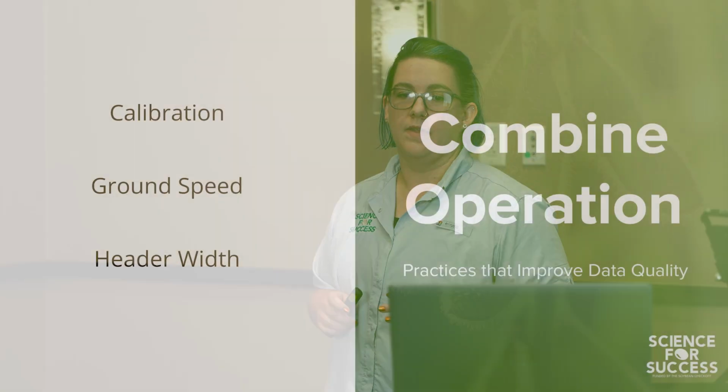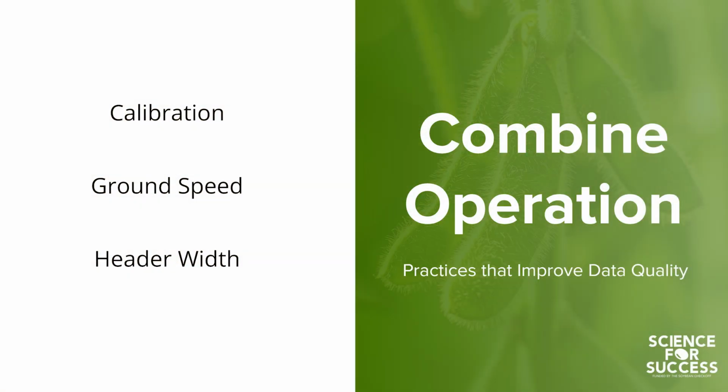There are a couple combine operation best practices that can help improve your yield map quality. First, you do want to make sure that you're calibrating your yield monitor using the manufacturer's recommendations. You also want to keep your ground speed during harvest within the range of speeds you use during calibration. And then finally, make sure that you're running a consistent header width the whole time.